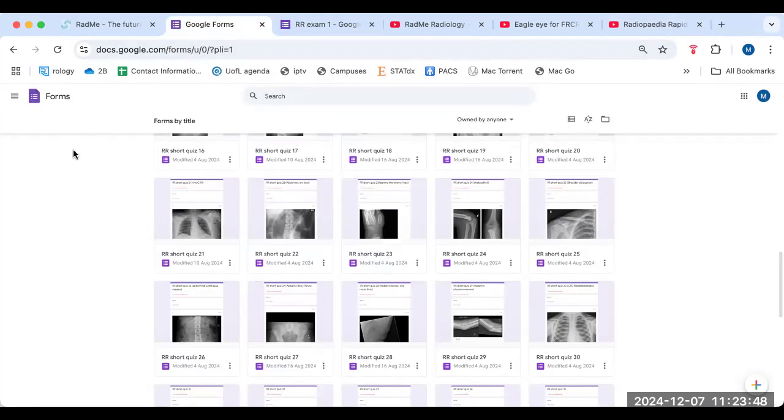Okay, I will gather around 10 images of pneumothorax with some mixed normals and try to solve them. Another friend has weakness in knee or pelvis X-rays, so he will gather 10 or 15 images for the pelvis only and put them in a small quiz like that.